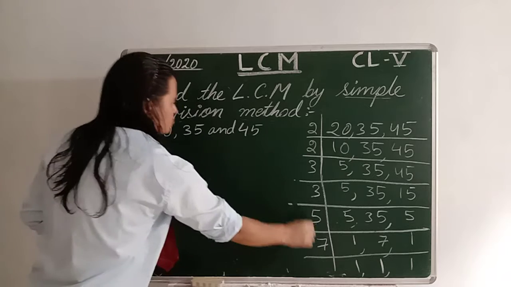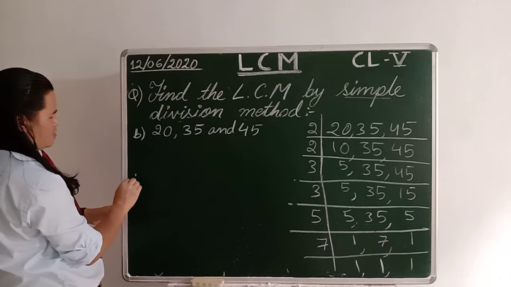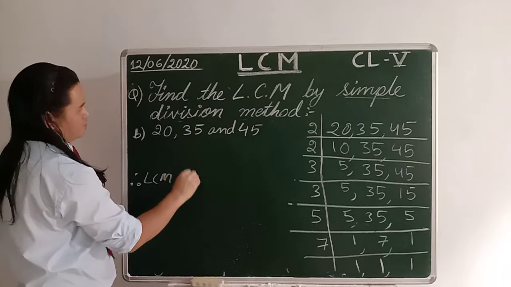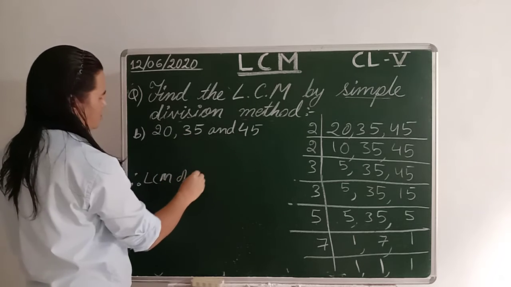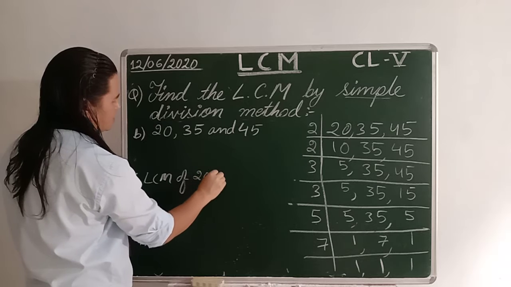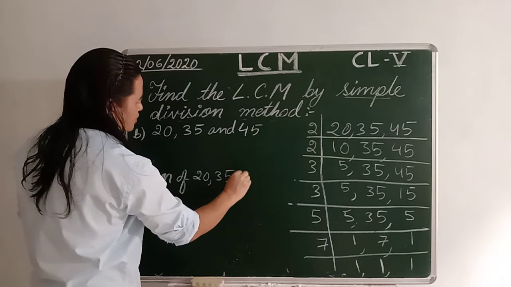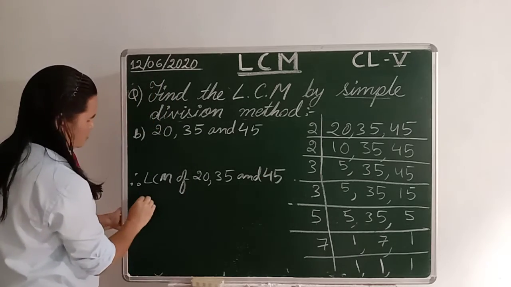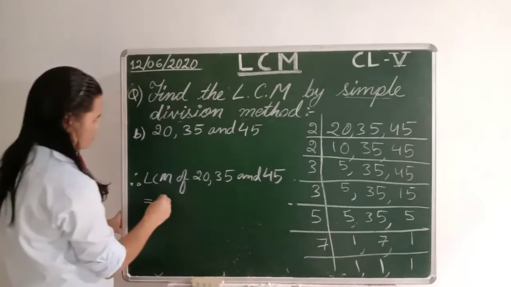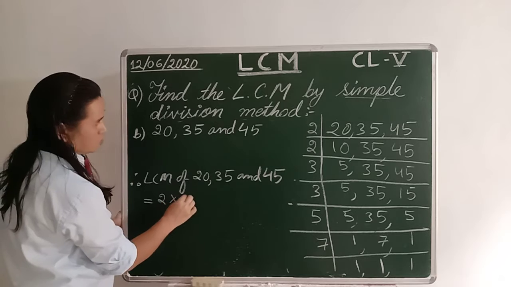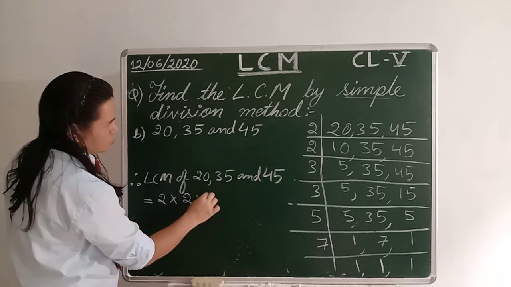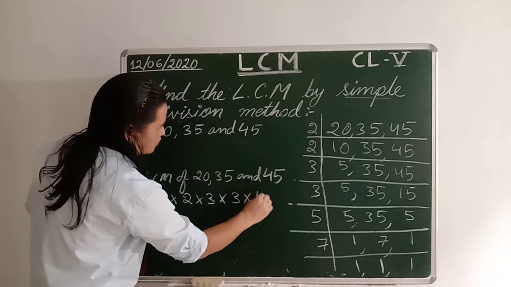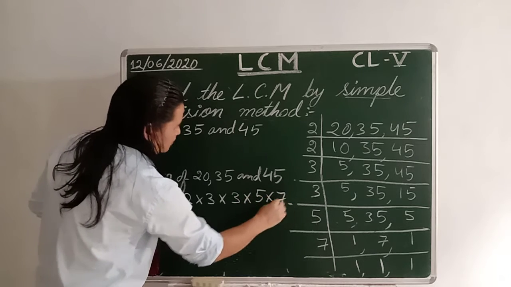So all the factors you will write here again. Therefore LCM of 20, 35 and 45 equals, write all the factors, 2 into 2 into 3 into 3 into 5 into 7.